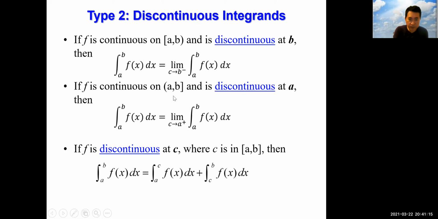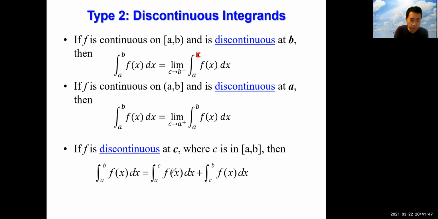We're going to replace the b with an arbitrary constant c. So that's supposed to be c. Instead of from a to b, we go from a to c. Then we take the limit where c approaches b from the left.